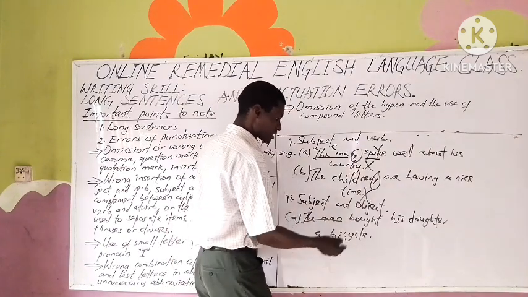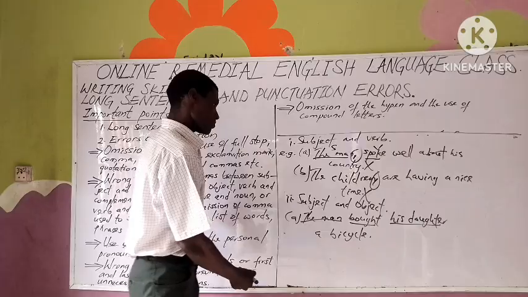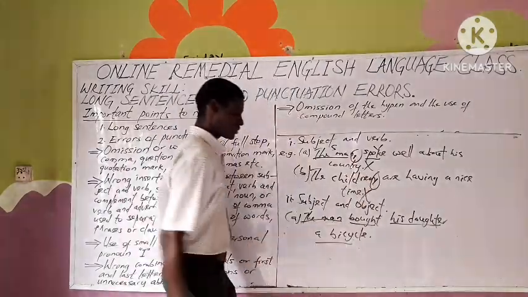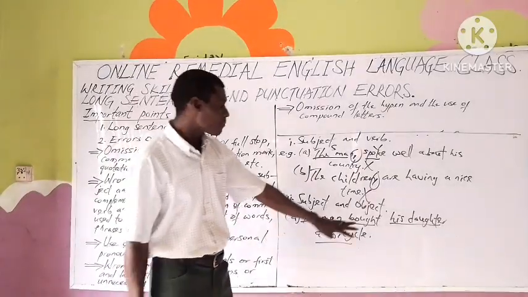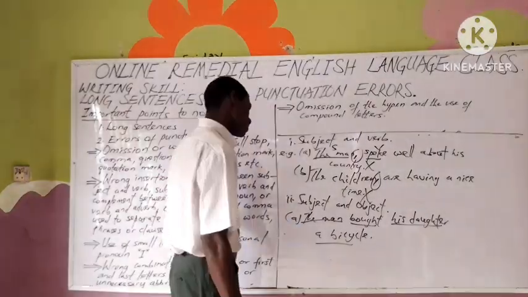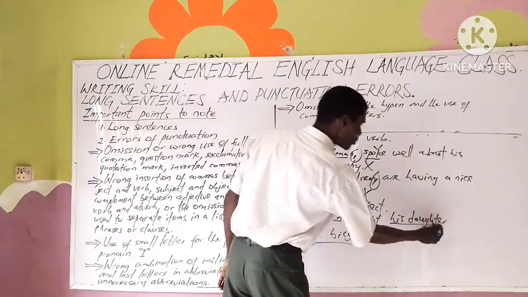We have the subject, we have the verb, we have the first object, and we have the second object. Okay, let's concentrate on one. The man bought his daughter.